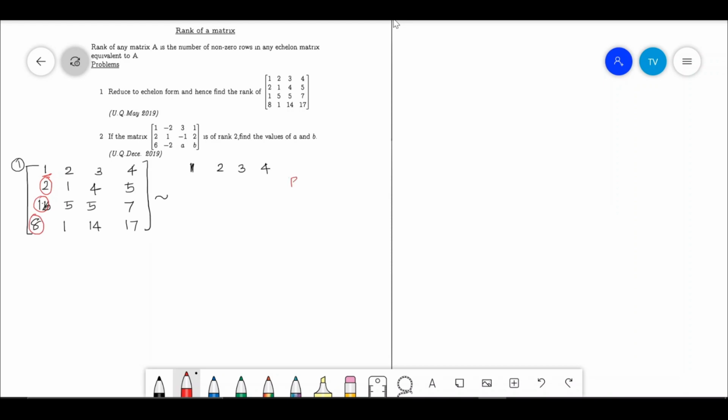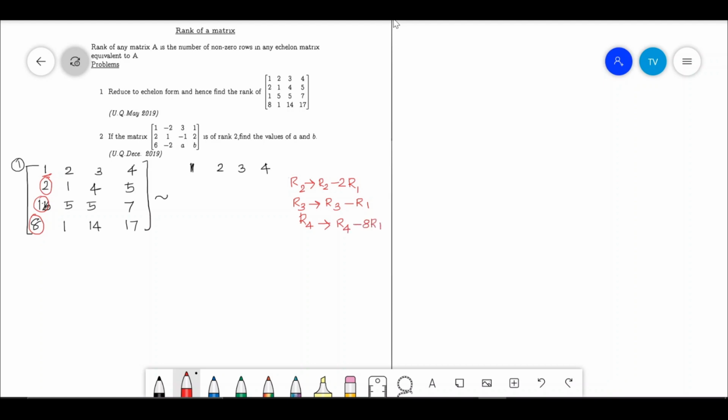So let me write the row transformations. R2 is transformed to R2 minus 2R1 so that 2 becomes 0. Then the third row is transformed to R3 minus R1, so that 1 also becomes 0. Then R4 is transformed to R4 minus 8R1.